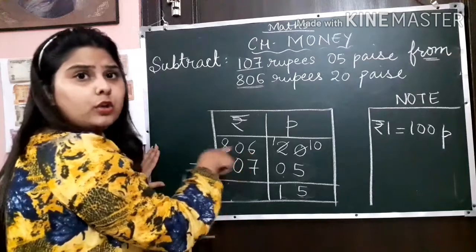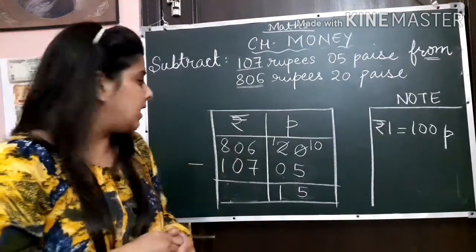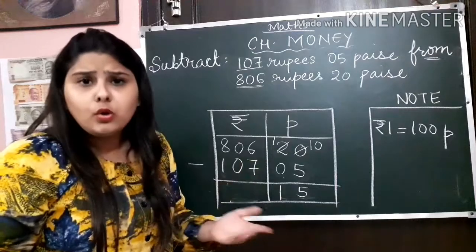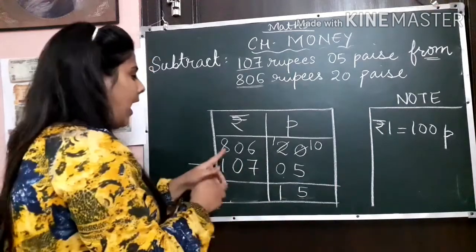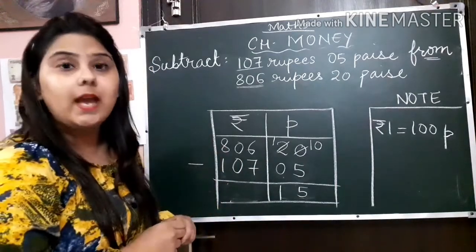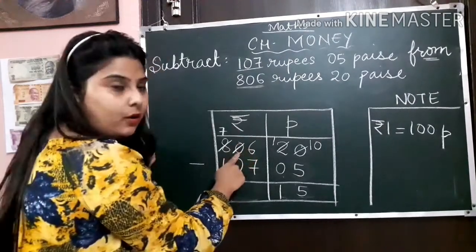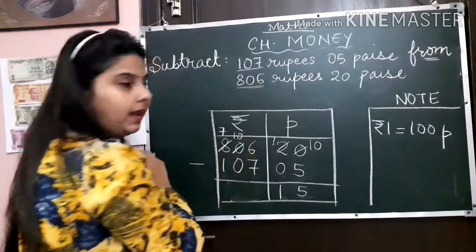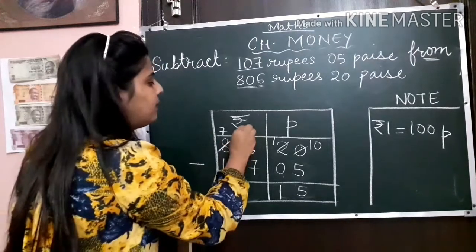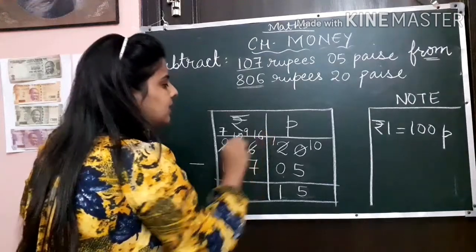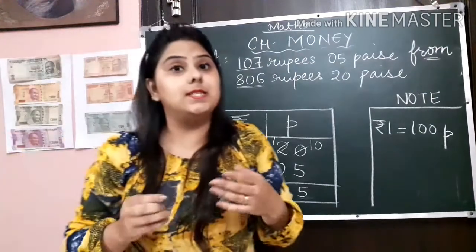Now moving on to the rupees column. Who will help 6? Can the 0 give a borrow to 6? No. Now what do I need to do? I need to take a borrow from this 8. So this 8 will first give a borrow to the 0, so it will become 10. Then this 10 will become 9 and give a borrow to the next number, that is 6, so it will become 16.